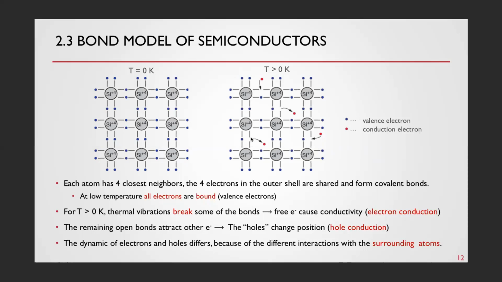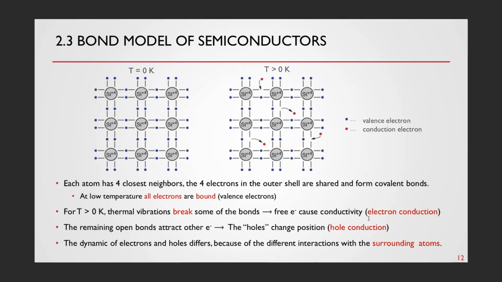There are now holes, and into these holes, the neighboring electrons can jump. And hence the dynamics of the holes and the dynamics of the electrons themselves is rather similar. There's therefore also hole conduction, because the hole also acts as an effective particle, can change position, and hence contribute to the conduction.